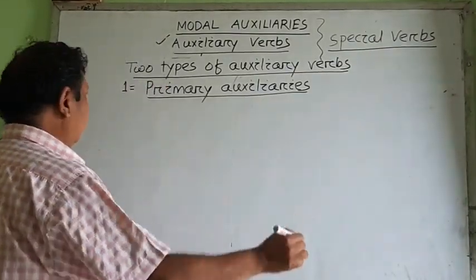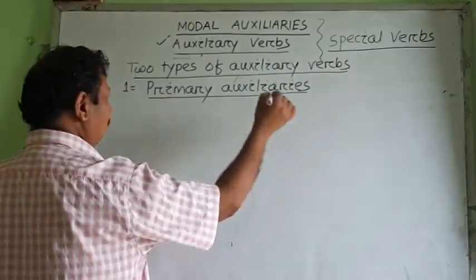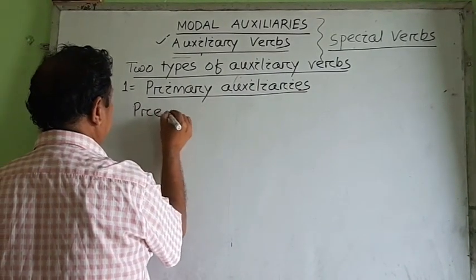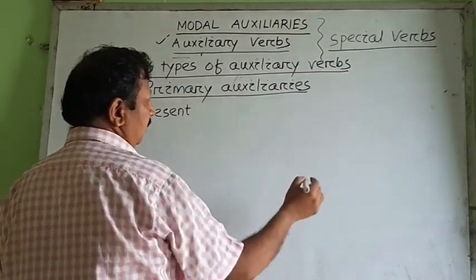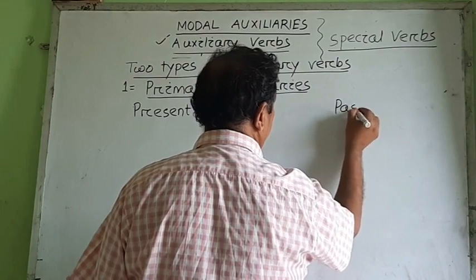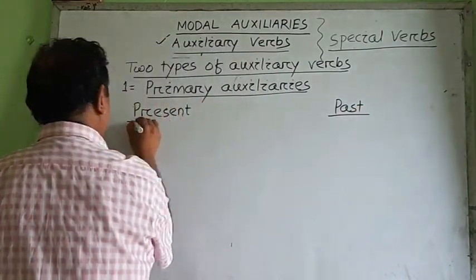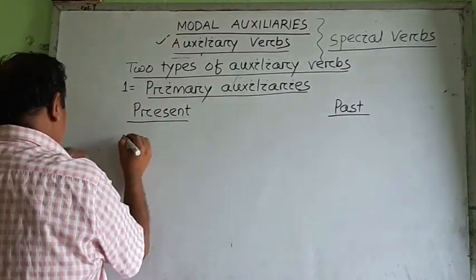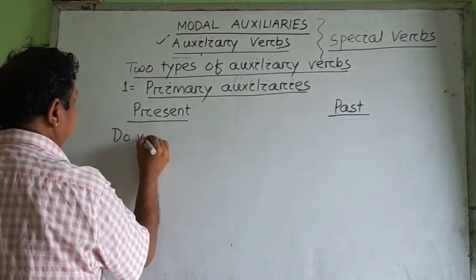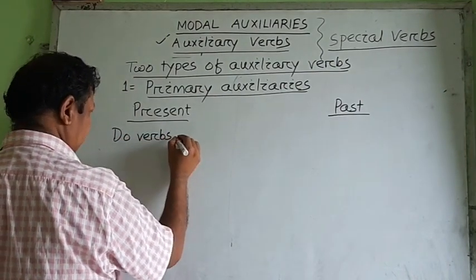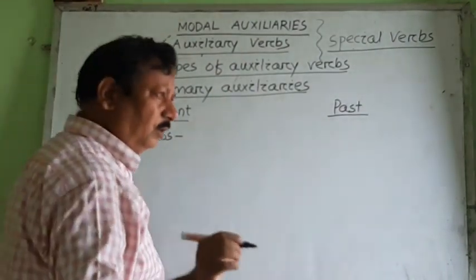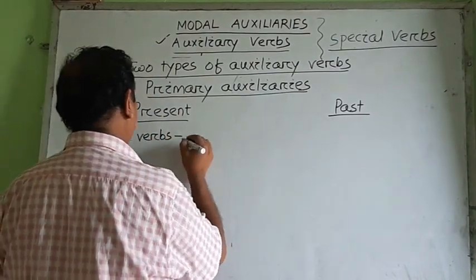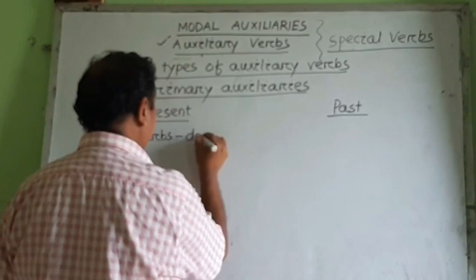Then we should know what the primary auxiliaries are. In the left hand margin write present, and here it is past. In case of primary auxiliaries, the first verbs that come are the do verbs. Many times we use do, does, did. So in present form, what are the do verbs? Do and does.